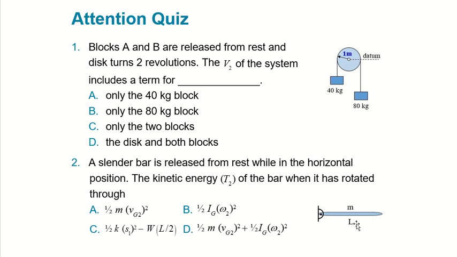Then a slanted bar, again your mass and then your length, at rest, and we just let it go down. You're going to have your kinetic energy, which is your T2, and it's asking what's the kinetic energy of the bar when it has rotated. So how is it going to rotate? Everything that deals with the rotation has to include the angular velocity.